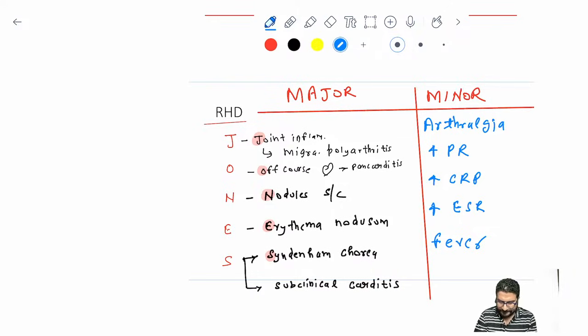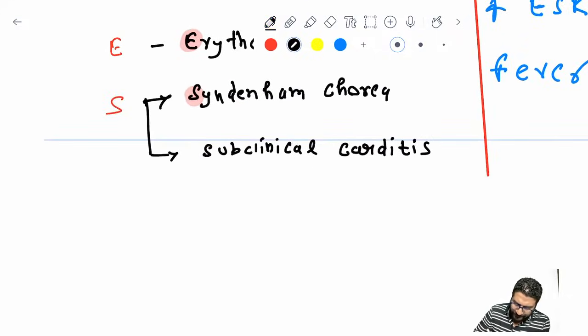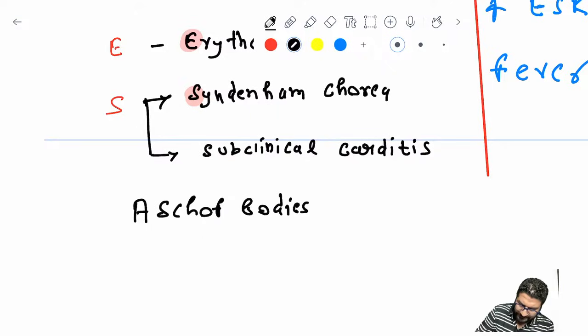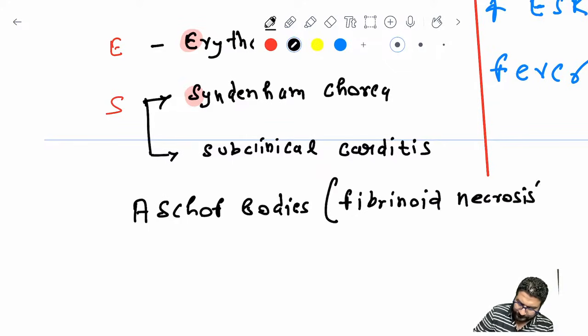Rheumatic heart disease. Then they ask you few pathology questions here. What pathology questions do they ask? They ask you, you will find Aschoff bodies. These Aschoff bodies are made up of fibrinoid necrosis. Then what else they ask you? They ask you like patient will have McCallum patch.